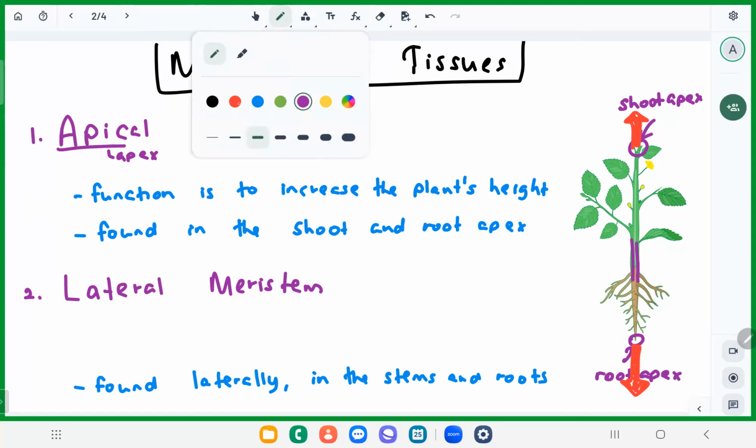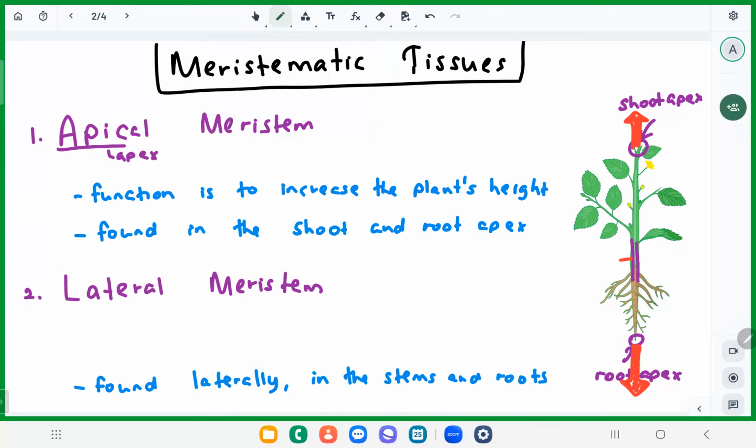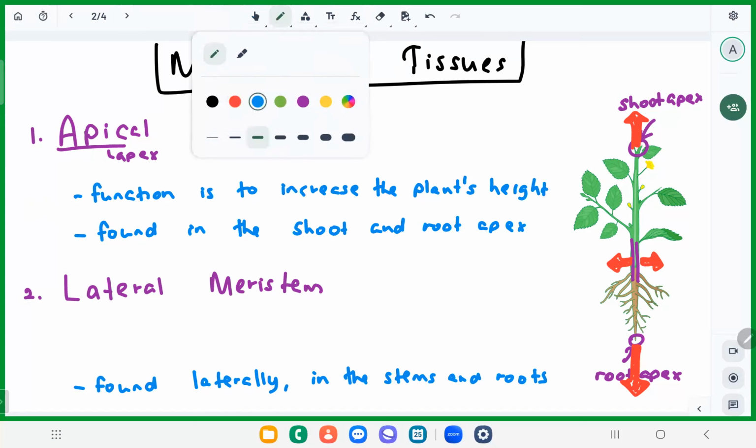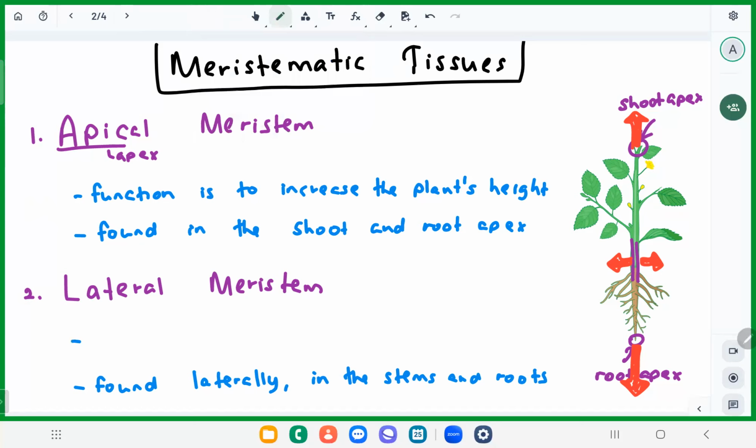And what does this lateral meristem do? It helps the plant to increase in width. If ever the plant wants to grow wider or increase its diameter, it's going to grow wider with the help of this lateral meristem. I hope you all understand the difference between these two types of meristematic tissues we've learned so far.